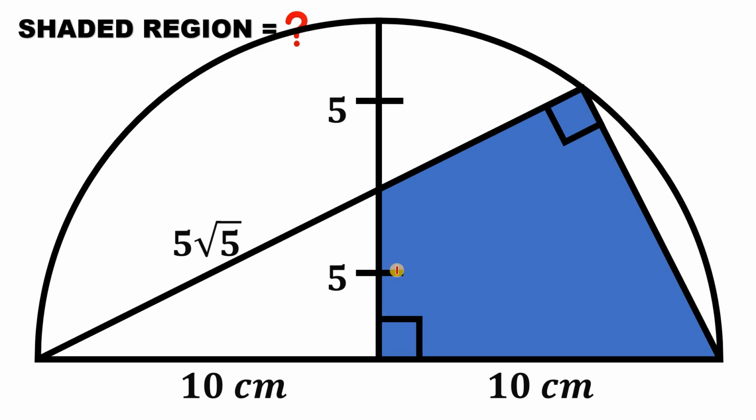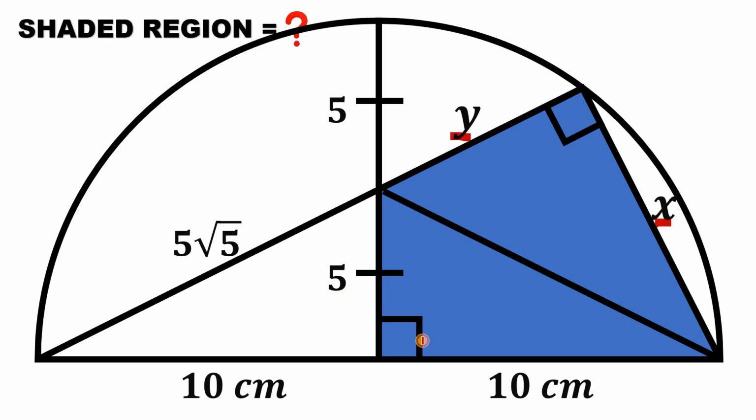Now, the main goal is to get the area of the shaded region. Don't forget that. To get this area, we're going to let this be x and the other side be equal to y. Because we see here two right triangles, if we get the value of x and y, then we can now get the area of this right triangle.